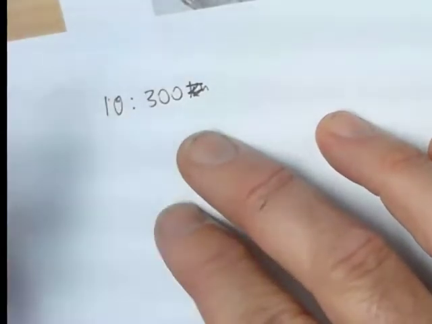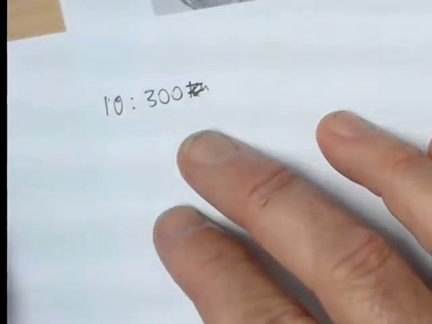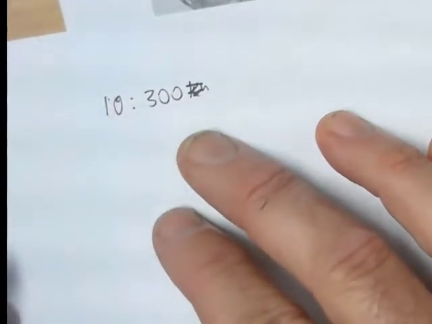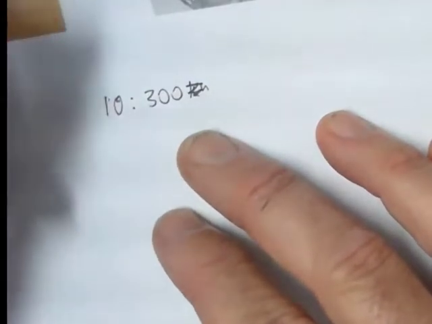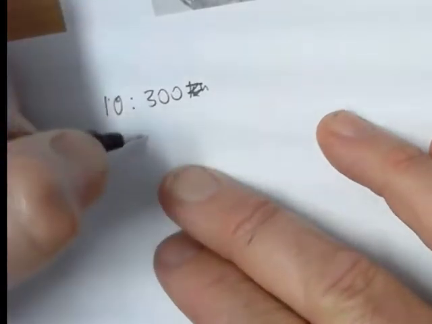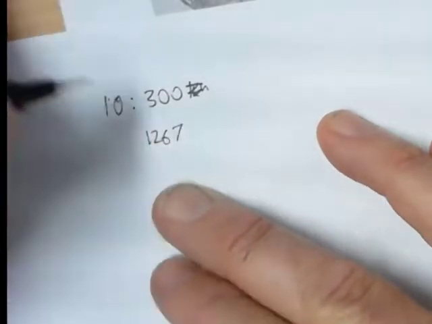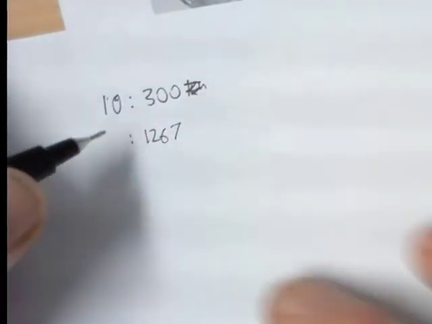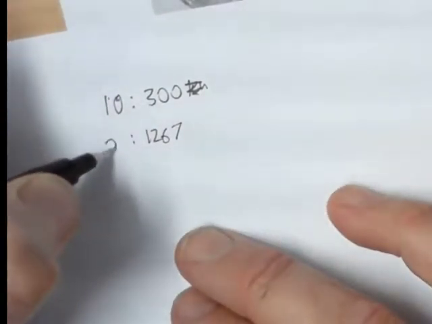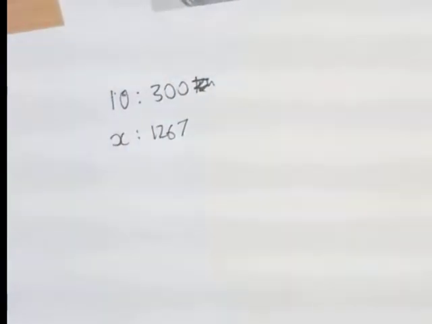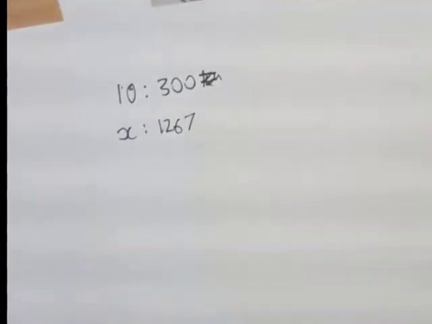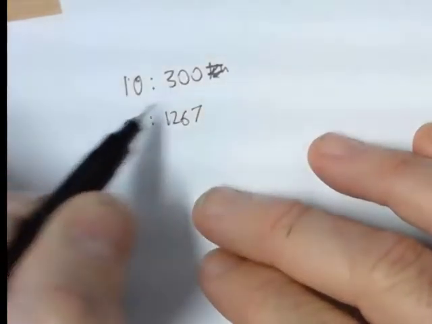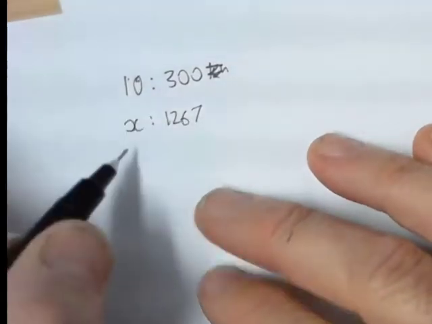Now, what is it we're trying to work out? We want to work out 1267 kilometers, and we want to know how many centimeters or millimeters on our scale that is. So we express our two ratios like this.